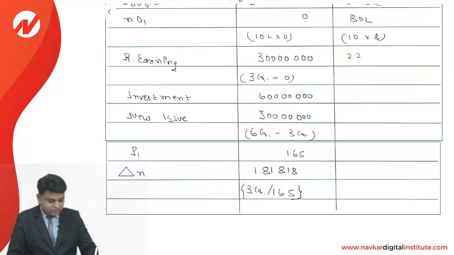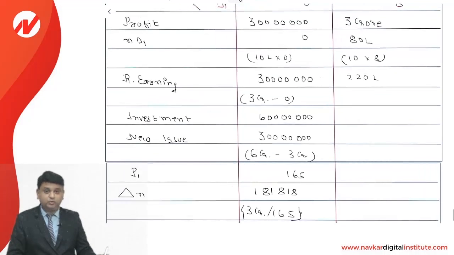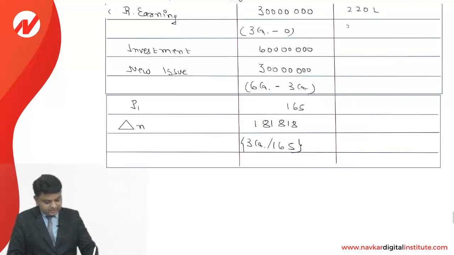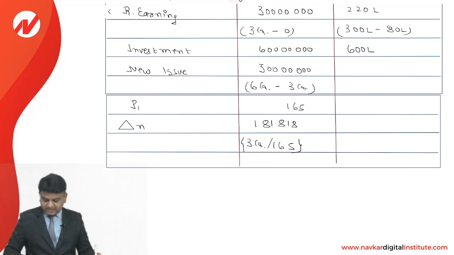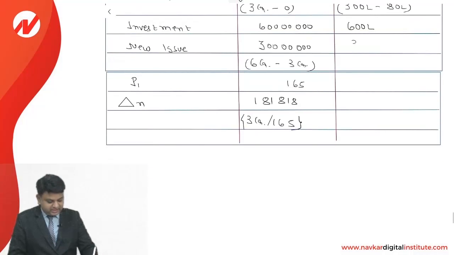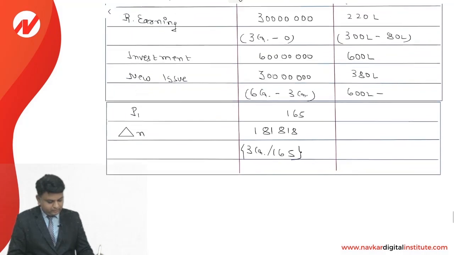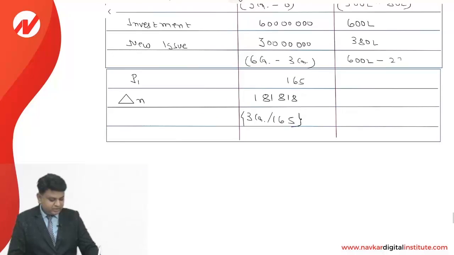So retained earning is going to be 220 lakhs or 2.2 crore. That is 300 lakhs minus 80 lakhs. Investment is 600 lakhs. So 600 minus 220, new issue is going to be 380 lakhs. 600 lakhs minus 220 lakhs.